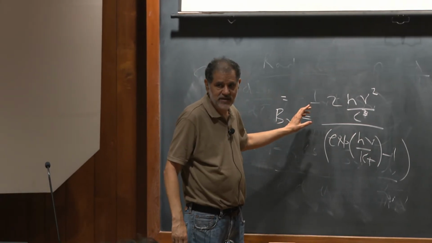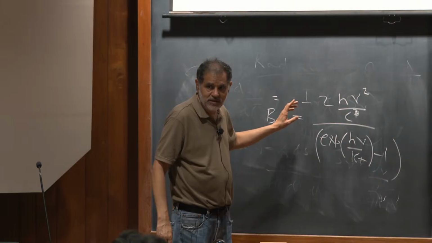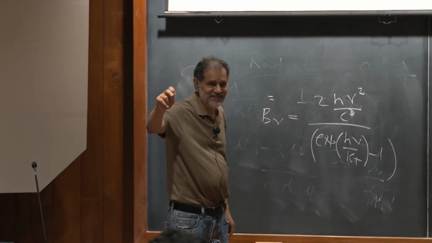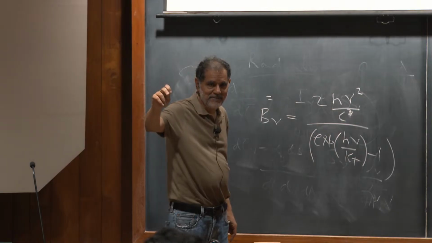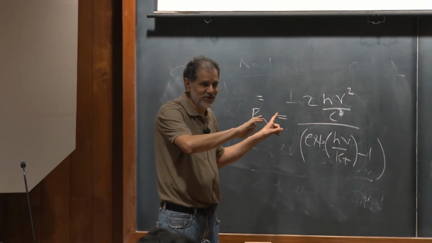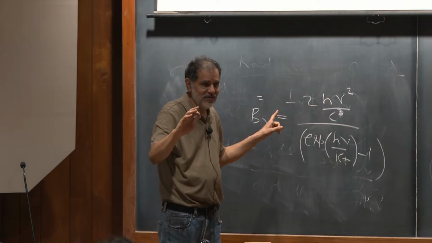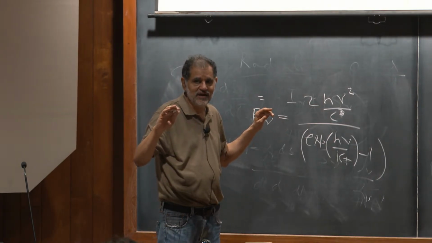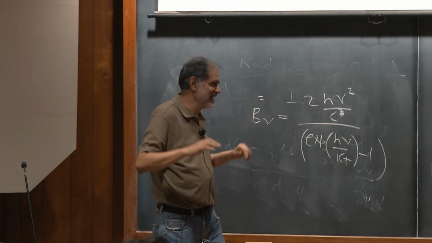You should check that this has the right unit. What was the unit of specific intensity again? Now somebody tell me. One of you, we defined it just a while ago. What is the unit of specific intensity as we defined it? I wrote it at that point. You're looking back in your notebook.